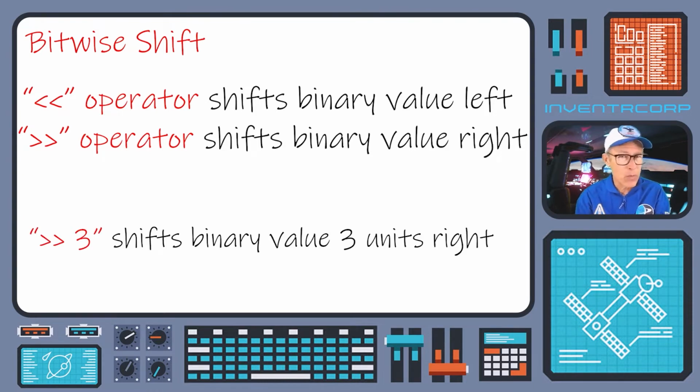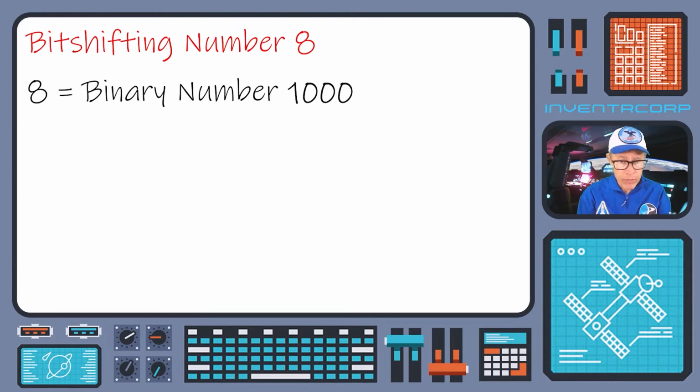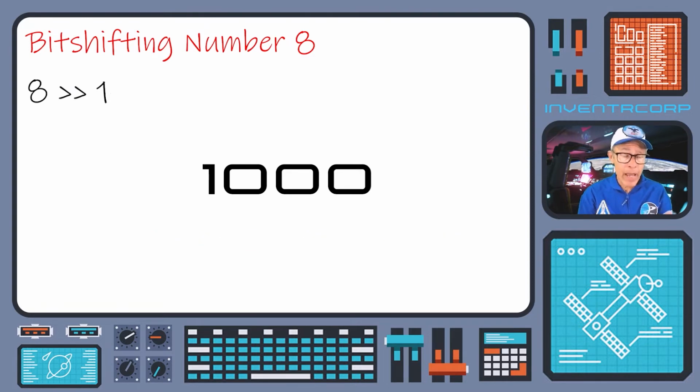So you may ask, well, what does that do? And so a simple example might illustrate. The binary representation of the number 8 is 1 followed by 3 zeros, 1, 0, 0, 0. If I do a bitwise shift of that 1 to the right, I now have 1, 0, 0, which is the binary representation of 4.